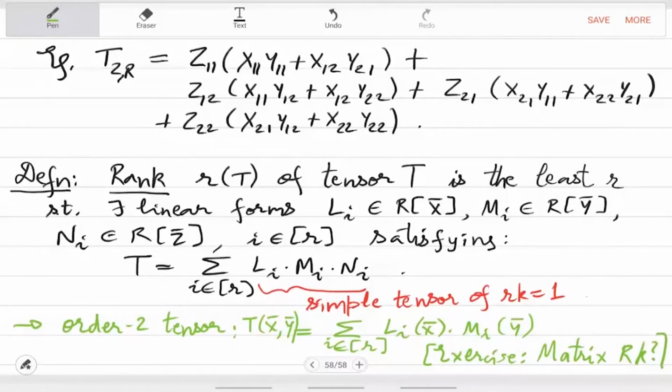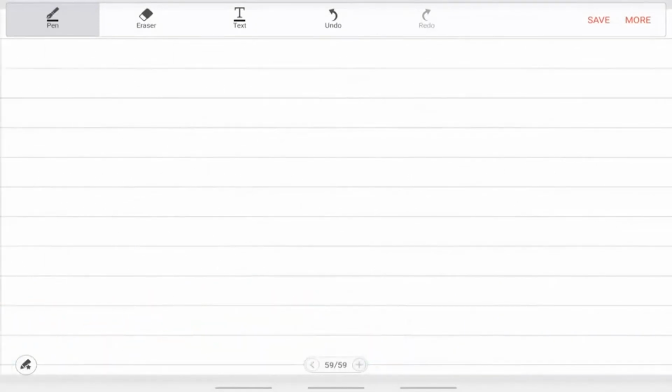So what is the relationship with matrix rank? It would be a specialization of this much more general theory, but we are not there. We are actually now at order 3 tensors, and we are looking exactly at the matrix multiplication tensor. So let's move forward with that.